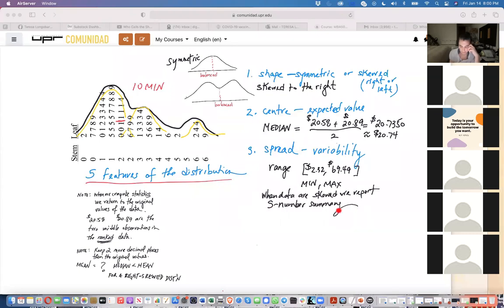We're working on the 5 features here, but the 5-number summary includes the minimum, the 25th percentile, the 50th percentile, the 75th percentile, and the maximum.